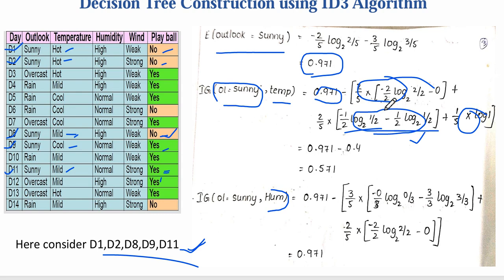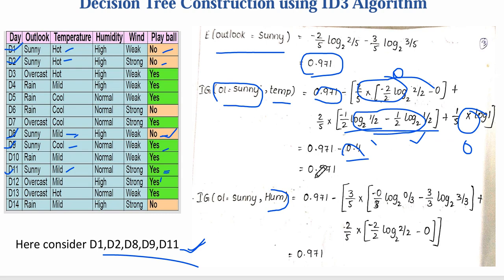Now likewise we have to calculate 0.971 minus 0.4. Clear? This value is 0, this value is 0, and 2 by 5 into its value 1 is 0.4.